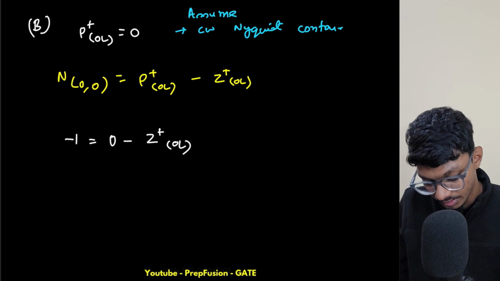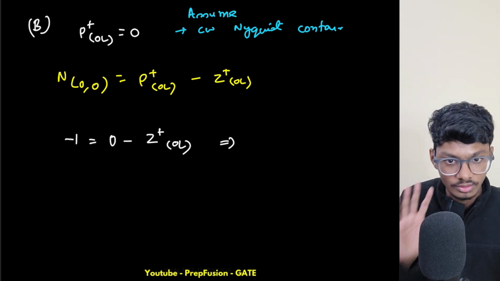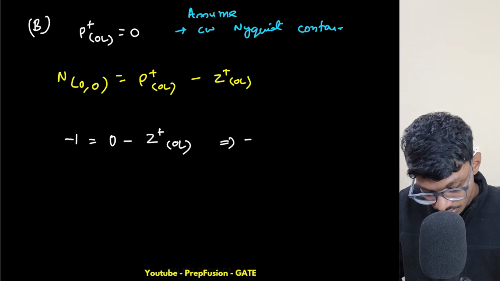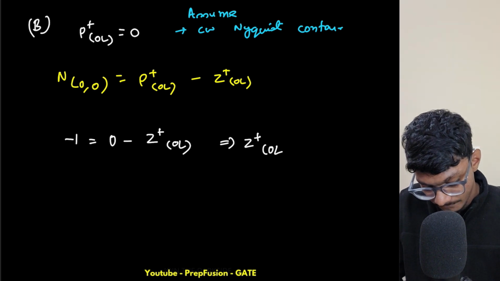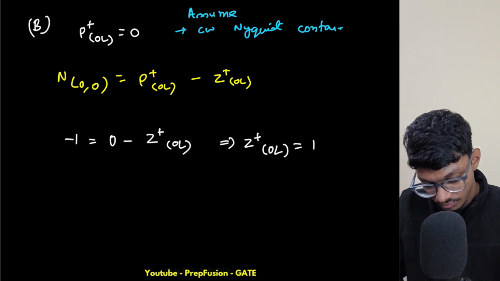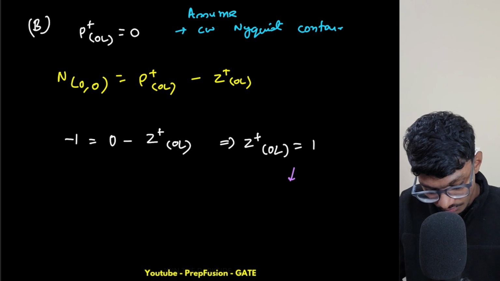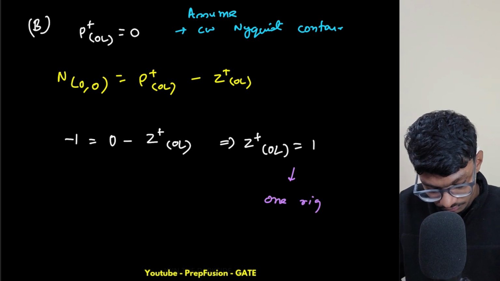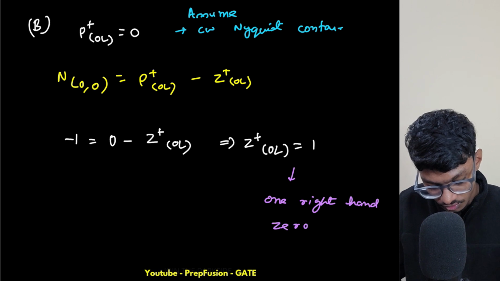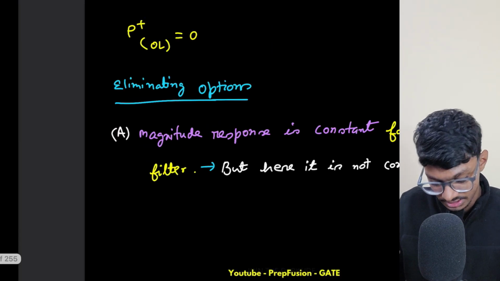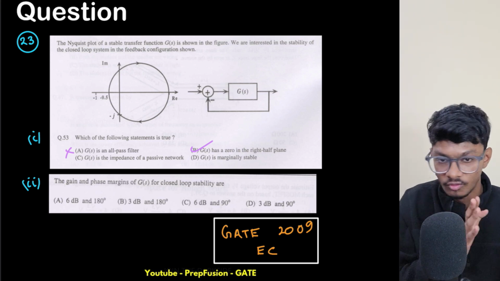So Z plus OL is coming positive, hence there is no error in our assumption. Z plus OL equals 1. So we have 1 right hand 0.